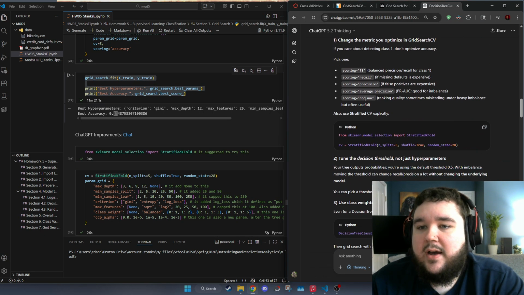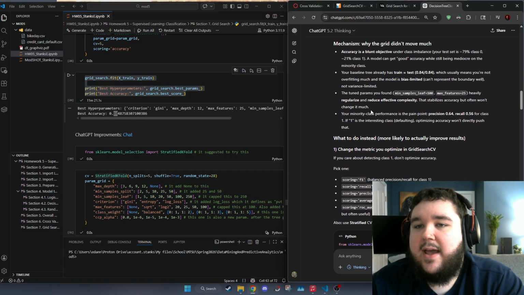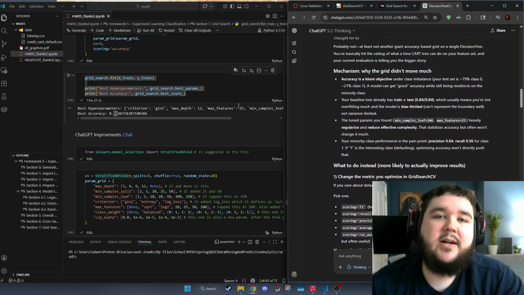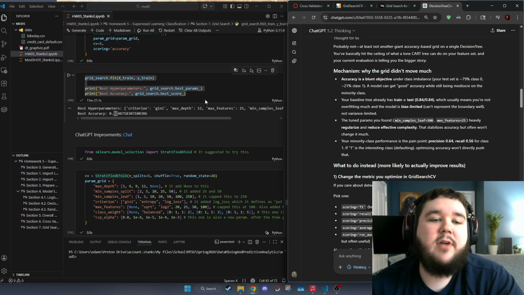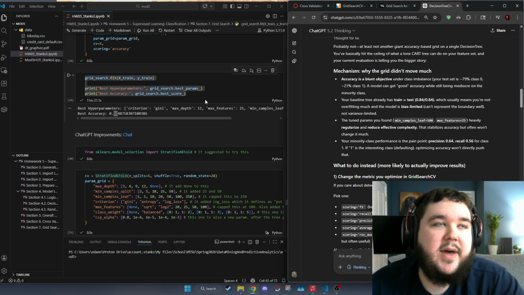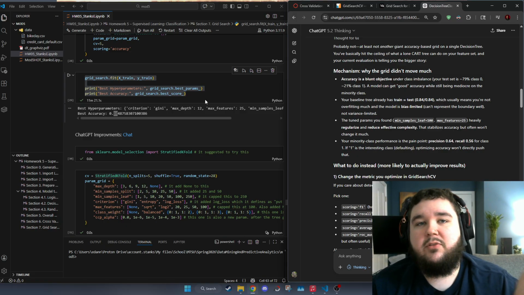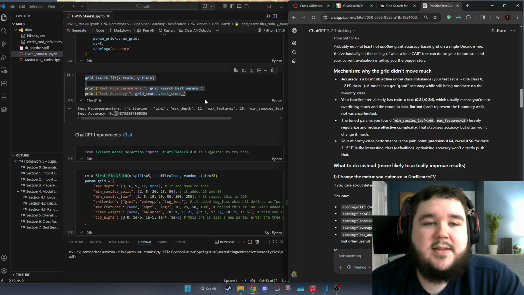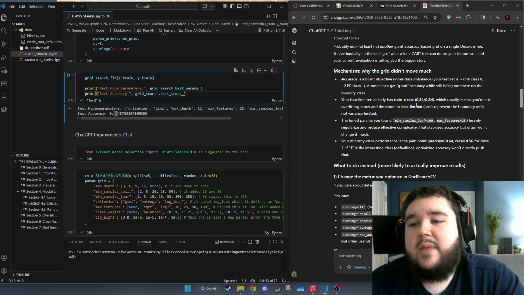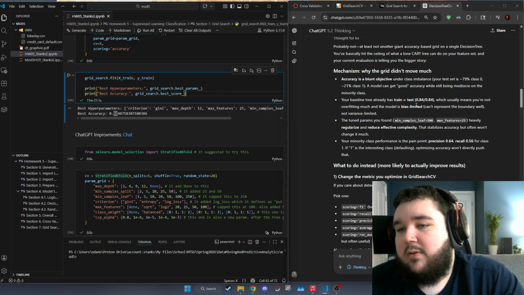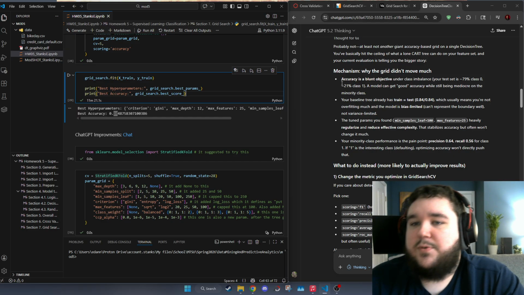It told me that I should really try to focus on predicting if they're out of bikes. That's the goal of this model. We want to predict 1. We don't want to be good at predicting 0 because we already know if they're going to have bikes. We want to know what day it's going to have no bikes, so we can maybe get more or something along those lines from a business perspective.